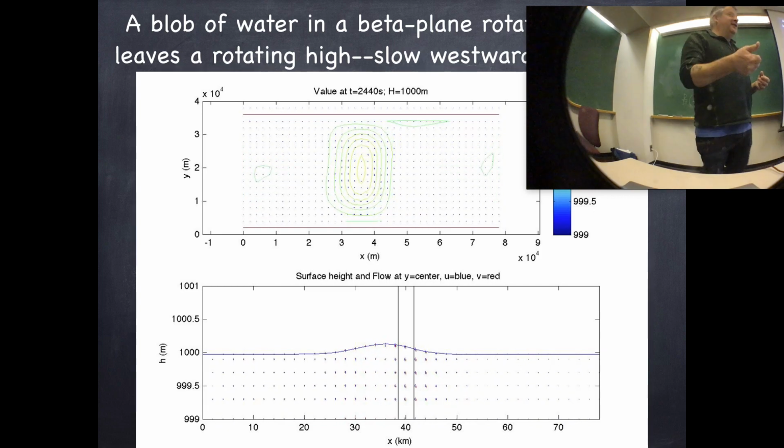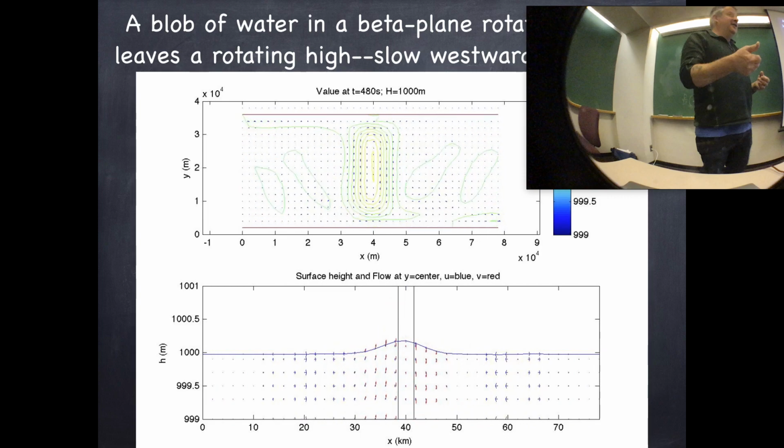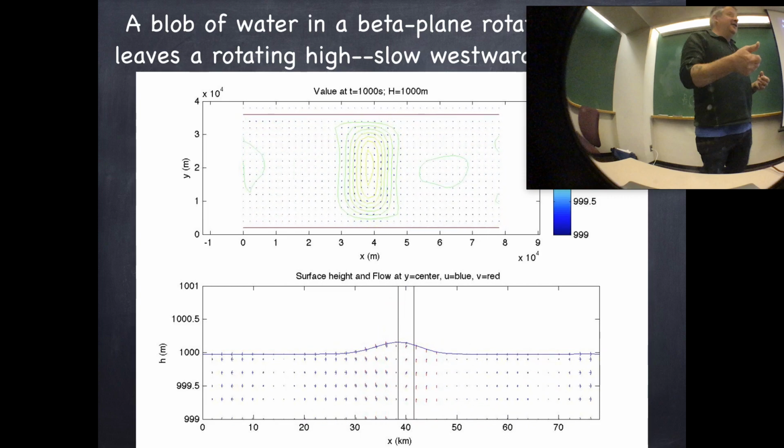And the difference from a wave perspective would be that when I use a plunger, I set the frequency of the wave to be whatever the frequency of the plunger is. When I drop the blob in, I'm introducing all frequencies. It's a Heaviside function, so its Fourier transform goes across all frequencies to some degree.